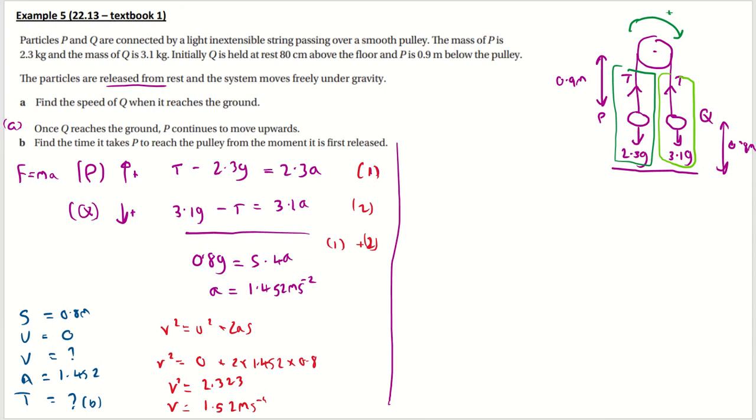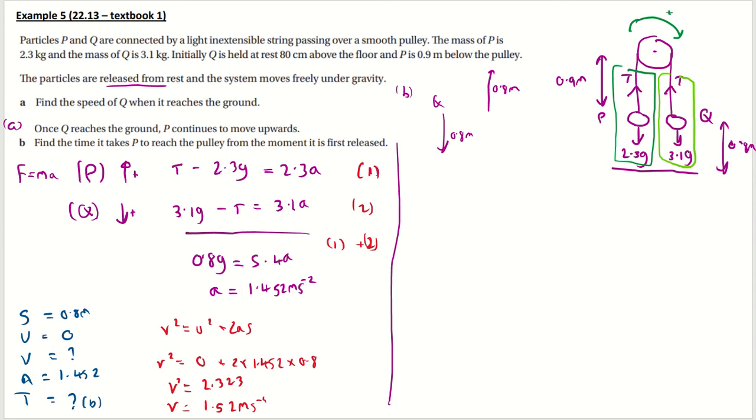And it says here, once Q reaches the ground, P continues to move upwards. So what you've got to understand is, in the first bit of motion, Q's gone down 0.8 meters, and P has gone up 0.8 meters. They're doing exactly the same thing, but in opposite directions.